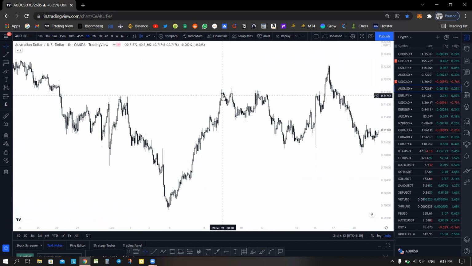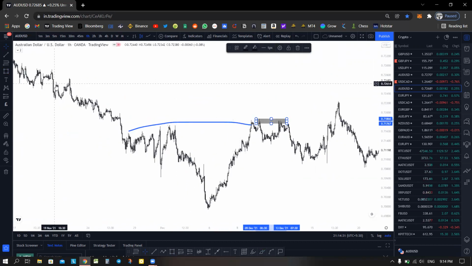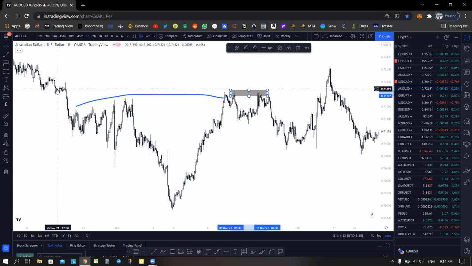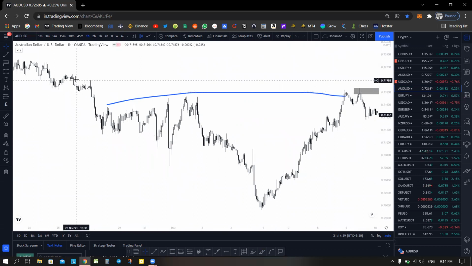As you can see, this block has taken out all these liquidities. So this can be your good order block for a point of interest, but this was a retail order block. The real order block was this last candle, because this was the last candle which had inefficiency as well.